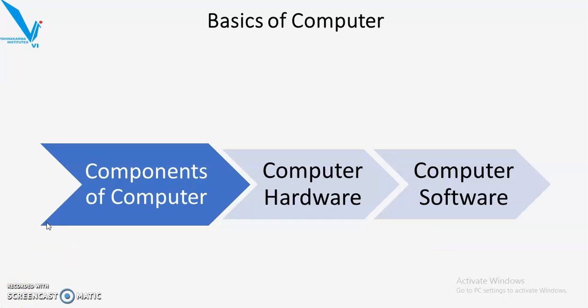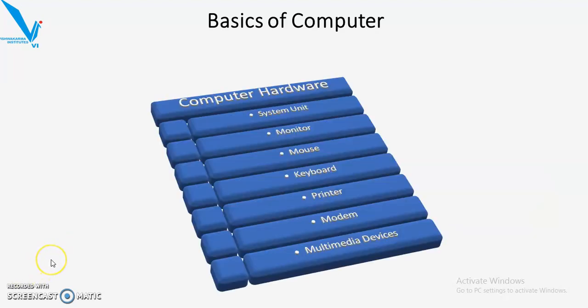Now what are the components of computer? Computer basically consists of two parts, that is computer hardware and computer software. If we consider the hardware components, we are having the system unit, monitor, mouse, keyboard, printer, modem, and so on. What is this hardware component?